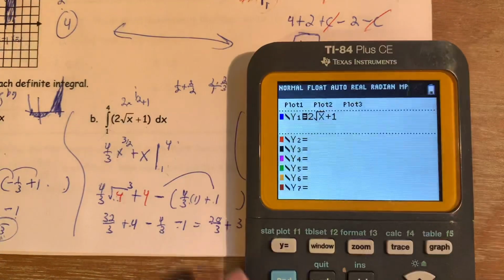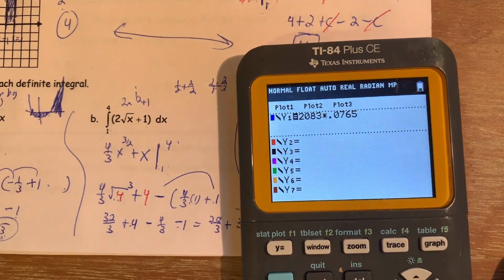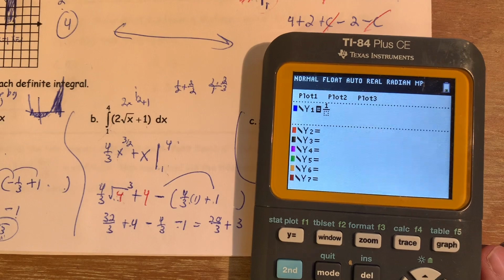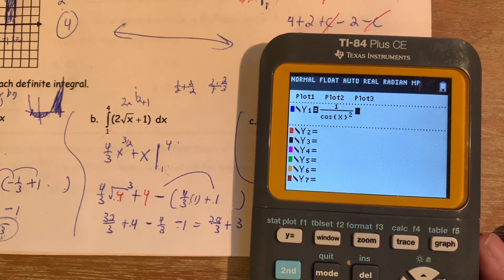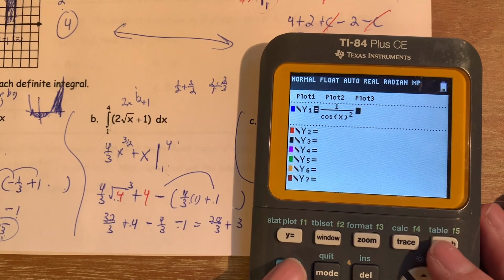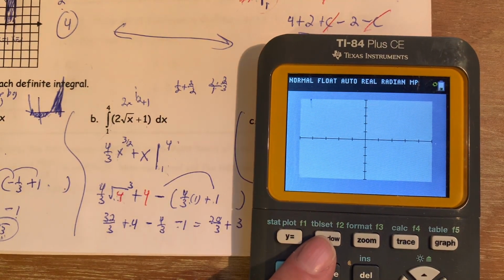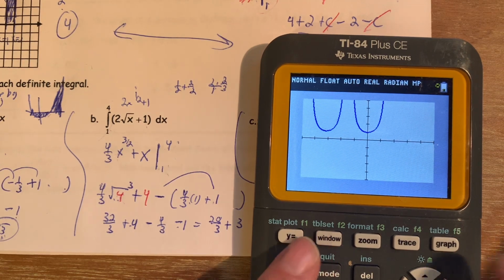Let's look at secant squared. Secant squared we have to put in as 1 over cosine of x, squared. Here's secant squared. That's how we type it into a calculator. And we're graphing it from 0 to pi over 4. So it's this weird, like, man, the calculator's having a hard time graphing it, right? So here it is. And we're doing the integral.